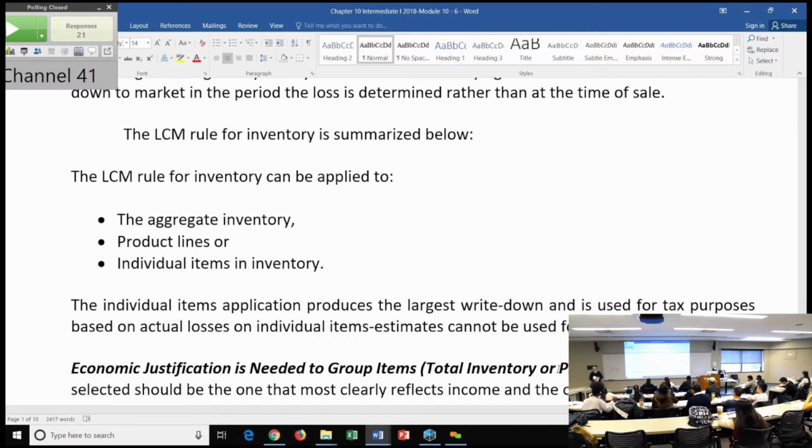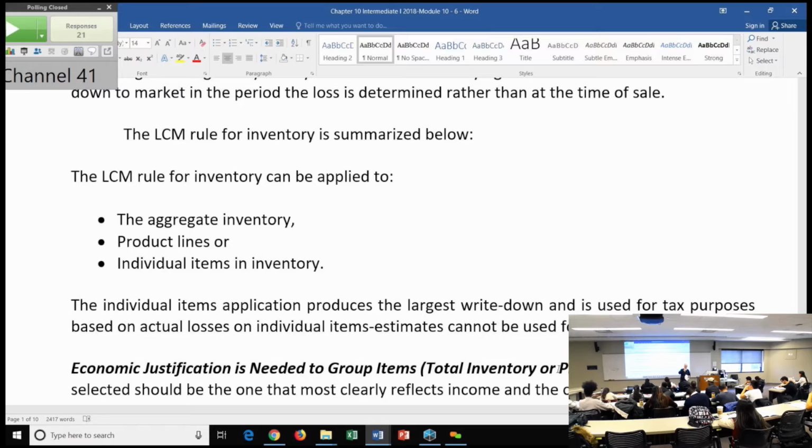You also know that based on the cost concept, if market goes above cost, we don't recognize that based on conservatism. And in this case, cost would be lower of cost or market. We're talking about inventory? Inventory. But the receivable is the same concept in terms of realization.